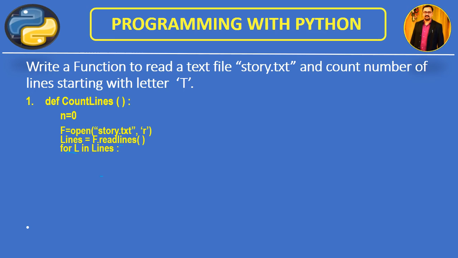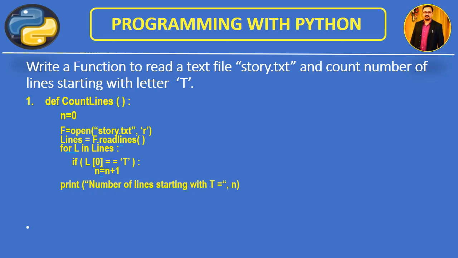This line will read all the lines into the lines variable, and then you will iterate through the loop again, for L in lines, and from this lines list one line at a time it will be fetched in this L variable. Again in a similar way, check if L[0] equals T, then increase the value of the counter by 1, n equals n plus 1.